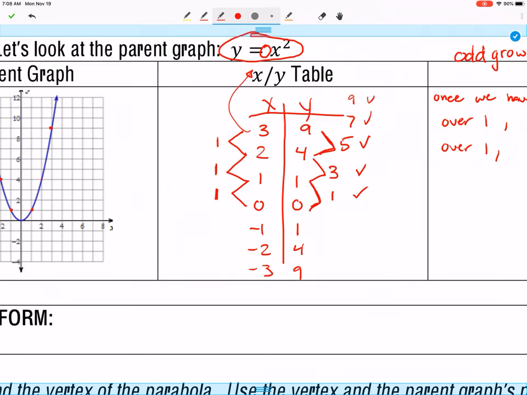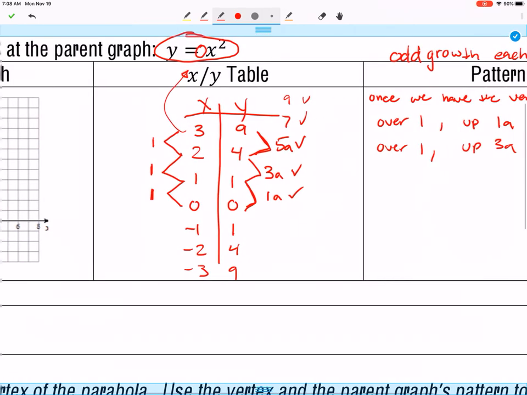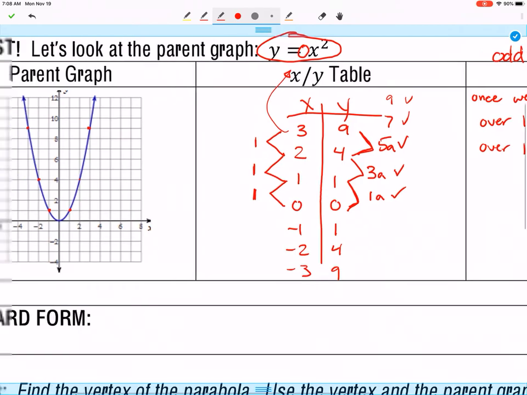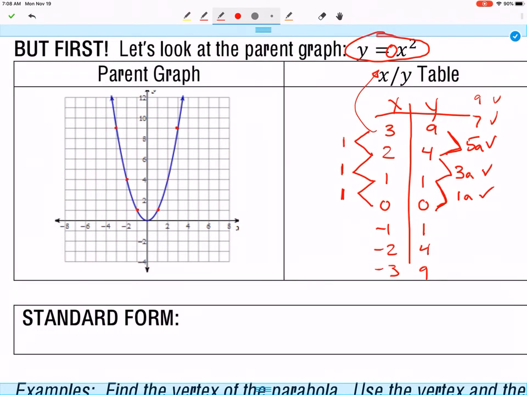But if a is not 1, say it's 2 or a half or negative 2, then all we're going to do is multiply our growth by a. So, for example, this is the mother graph, or the parent graph. Let's say y equals 3x squared.